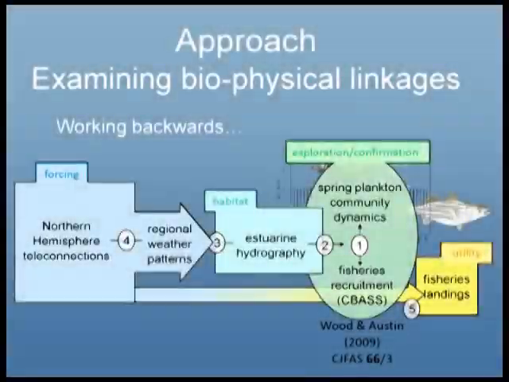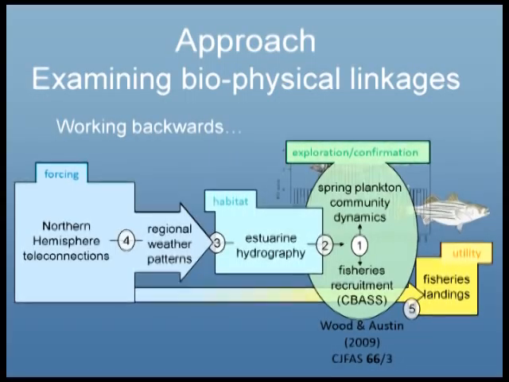This is what the principal component score looked like, and you can see this in the publication by Wood and Austin in the Canadian Journal of Fisheries and Aquatic Sciences in 2009. The correlation between this index and the ratio-based index that we're using today is 0.9. So there's no problem in using that ratio-based index. There's only advantages.